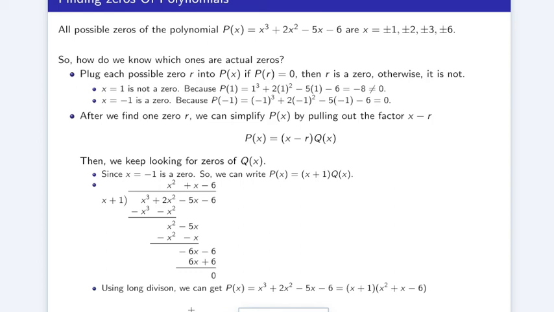And then we can factor x squared plus x minus 6 into x plus 3 and x minus 2. We know that we can set this equal to 0, and then the zeros for the polynomial q of x are x equals -3 and x equals 2. And then these two numbers are zeros of q of x, and so they are also zeros of p of x.